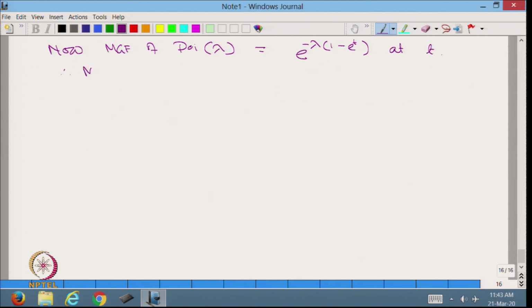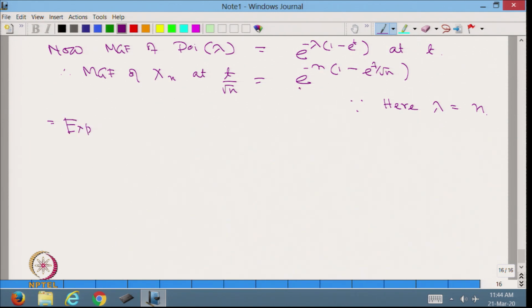Therefore, the MGF of X_n at t over root n is equal to e to the power minus n into (1 minus e to the power t by root n), since here lambda is equal to n.